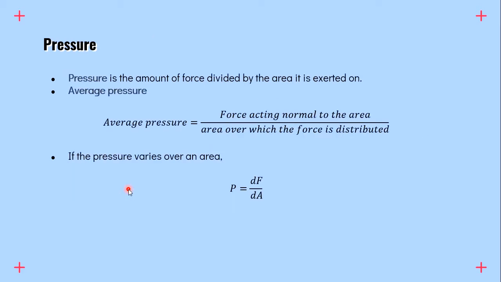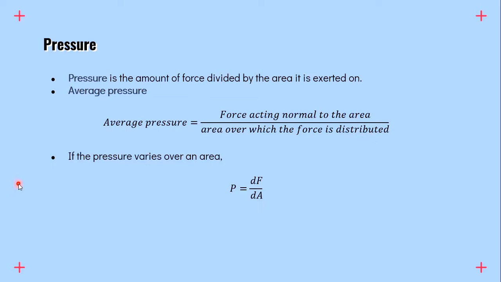Okay, so pressure is the amount of force divided by the area it is exerted on. We have already touched this topic in elasticity, I guess. In our discussion for today, we assume that the pressure is always normal pressure, or the pressure is exerted on a perpendicular plane. The average pressure is defined as the force acting normal to the area, over the area over which the force is distributed.